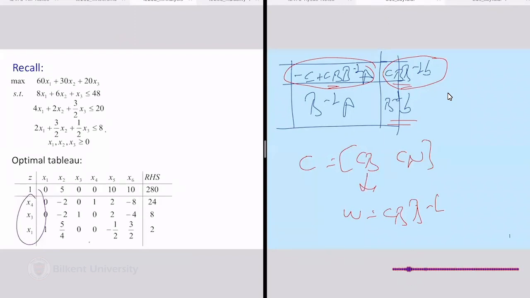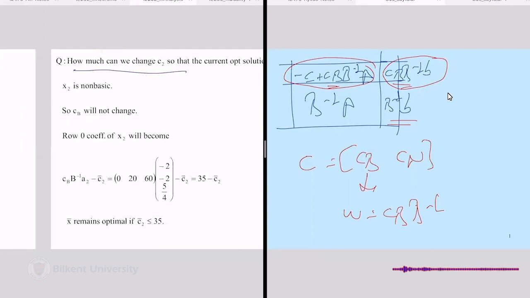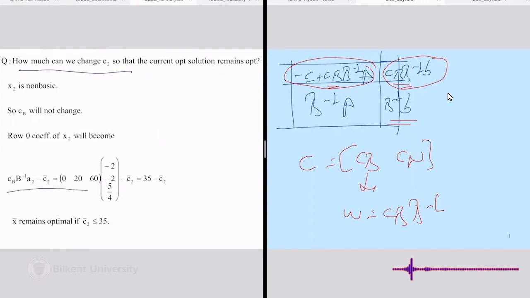So the change in C2, it was 30, will not affect the whole row 0. It will only affect the value in here. Let's recalculate that value. It is CBB inverse A2 minus C2, right? This is what I've written in here.